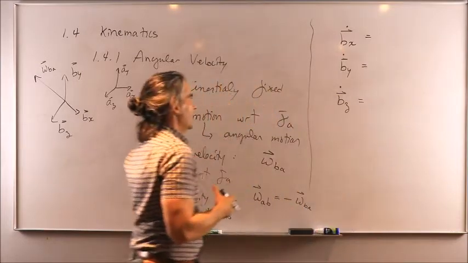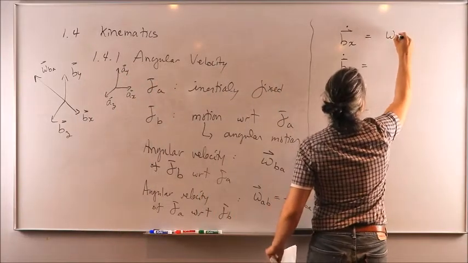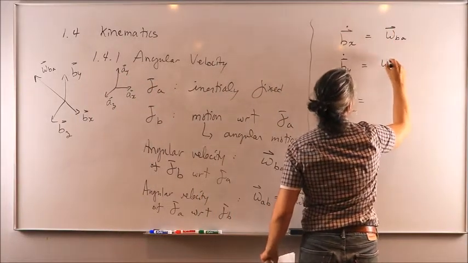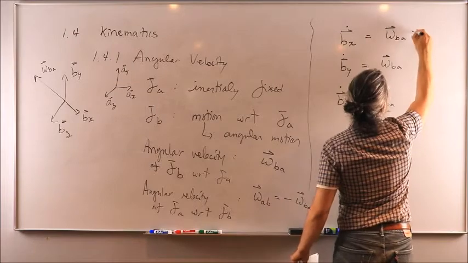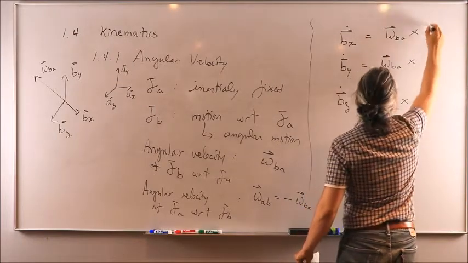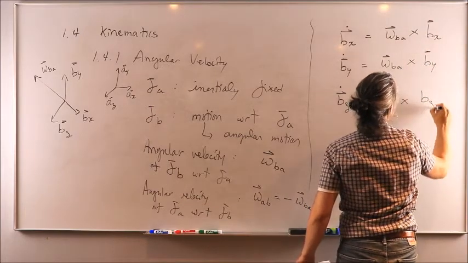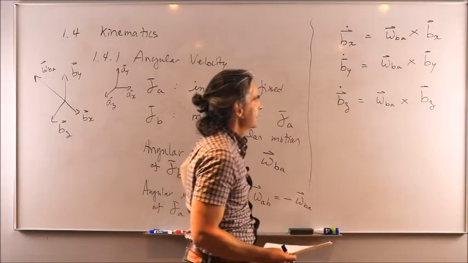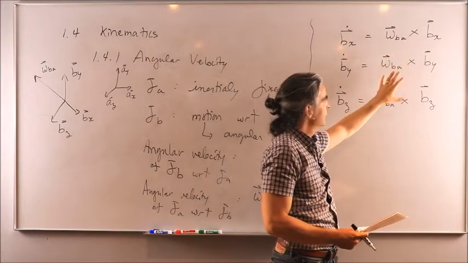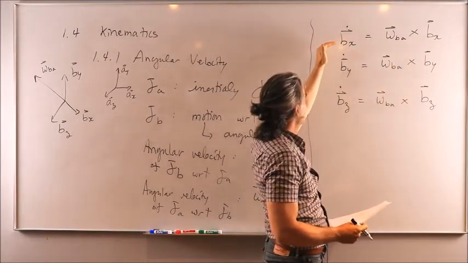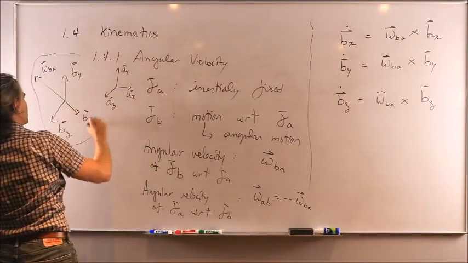Okay? Now I'm not going to go through the entire derivation to give you that, but the answer to this is just taking the angular velocity vector omega BA and doing the cross product with Bx, By, and Bz. Okay? This is how, knowing how reference frame B is moving with respect to something fixed, we can determine the rate of change of the unit vectors comprising this particular reference frame.